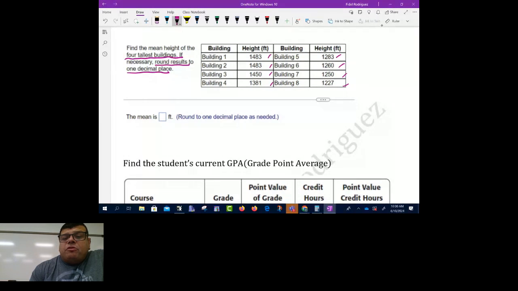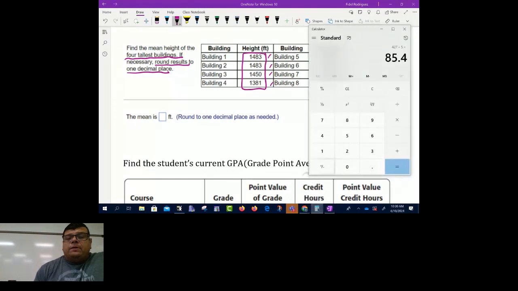The numbers are already in order from the tallest all the way down to the shortest. And if we're trying to find the average height of the 4 tallest, y'all, I'm just going to look at these 4 right here. So I'm going to say 1483 plus another 1483 plus 1450 plus 1381, and divide that number by 4.